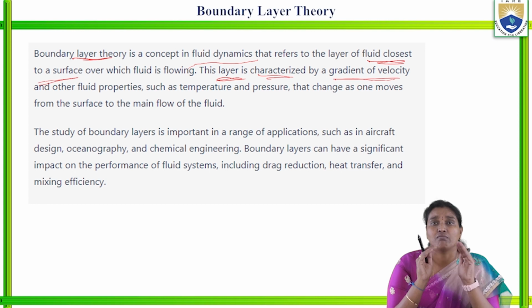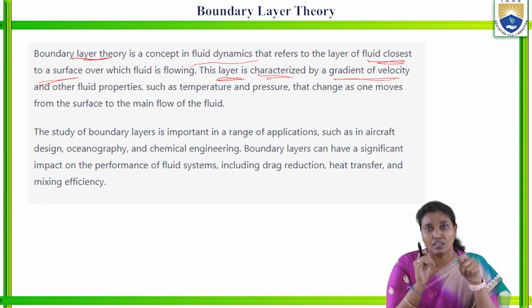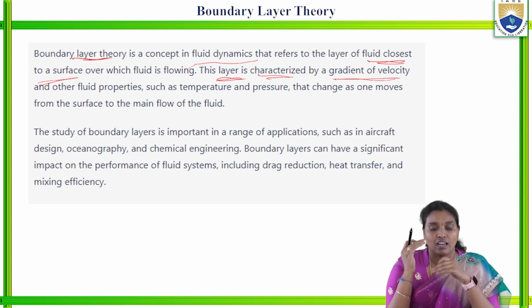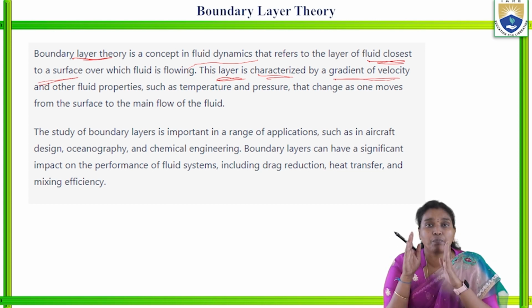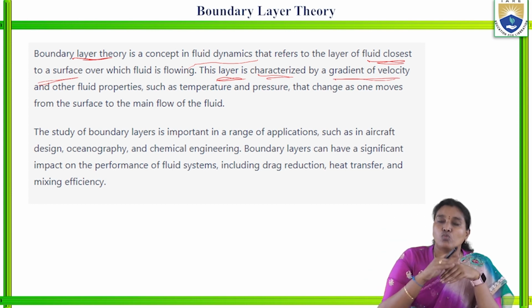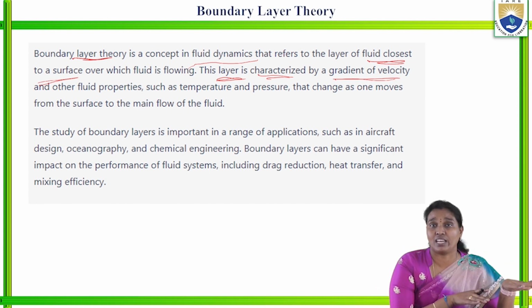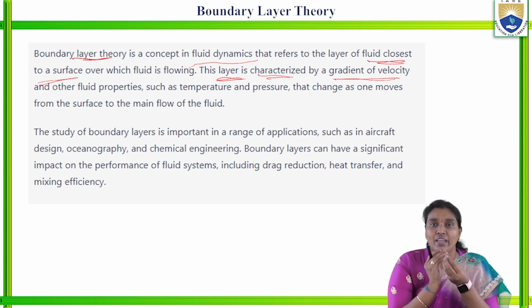The boundary layer characteristics, those gradients and fluid properties, vary when we use a motor for movement of the boat compared to moving it manually. This is one of the examples we may understand.